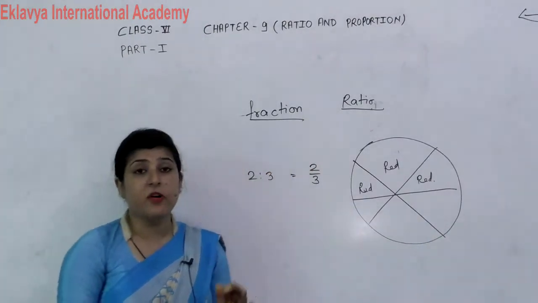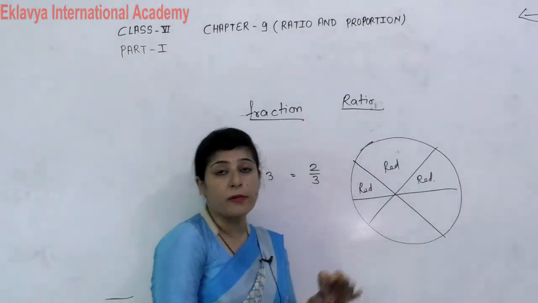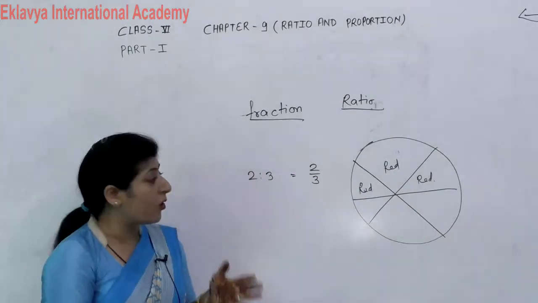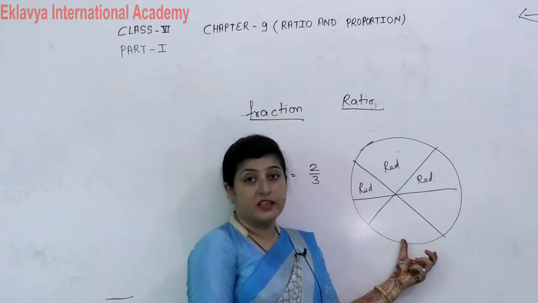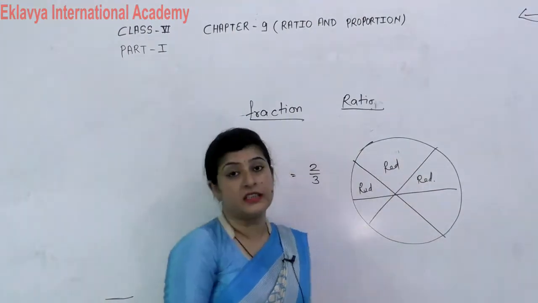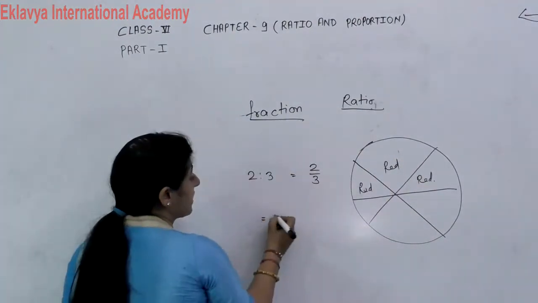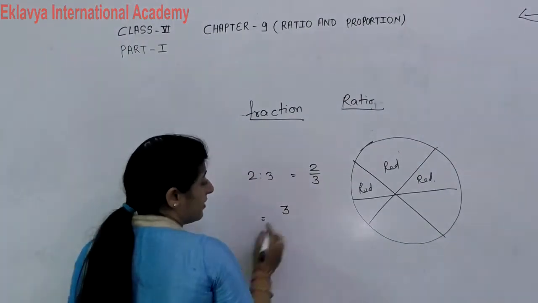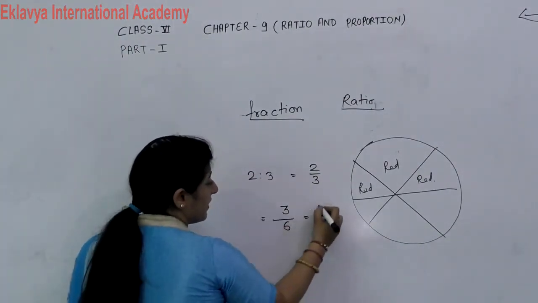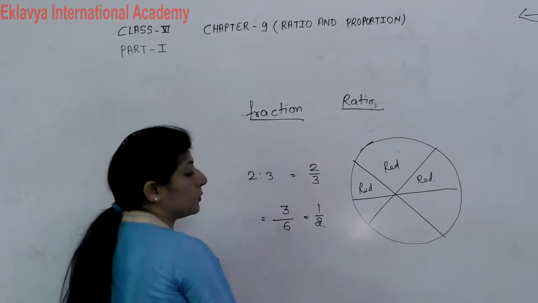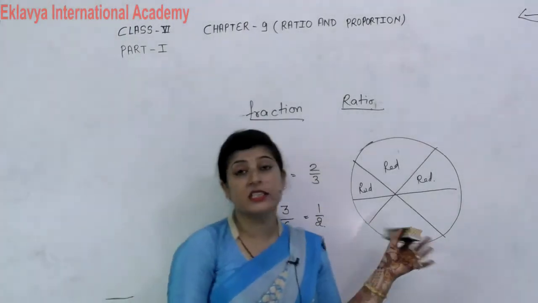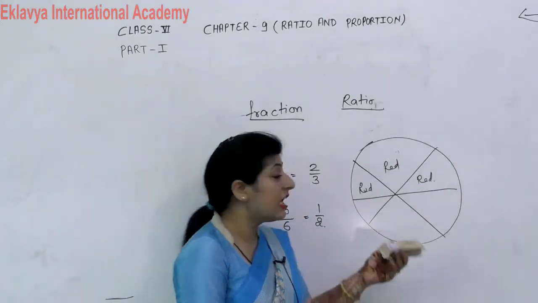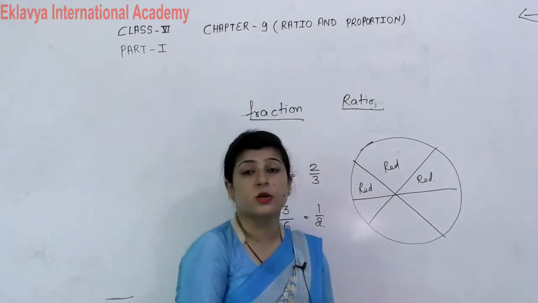So if we want to write down how many parts of this complete circle is shaded in a red part, so what we can write down? 3 parts and total 6, 1/2. It means half of the circle is shaded into the red color and half of the circle is not shaded.